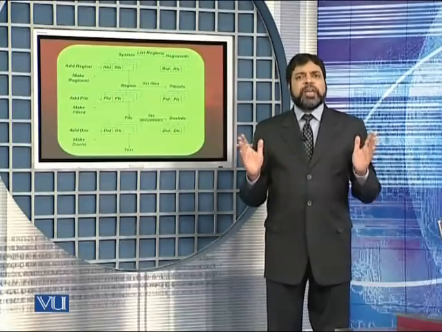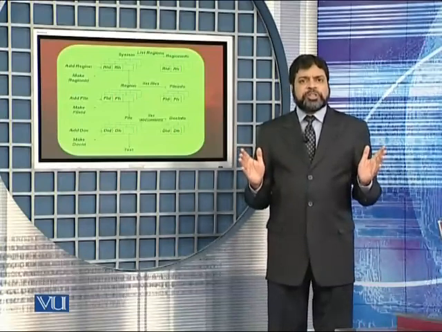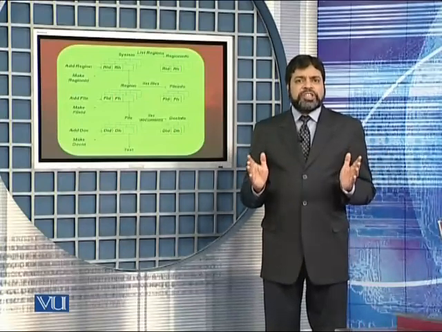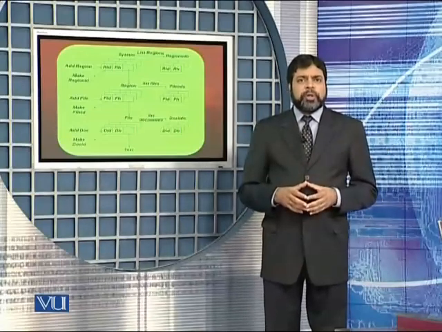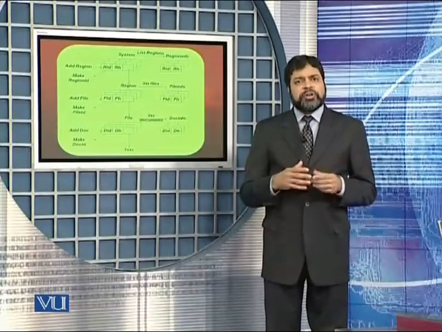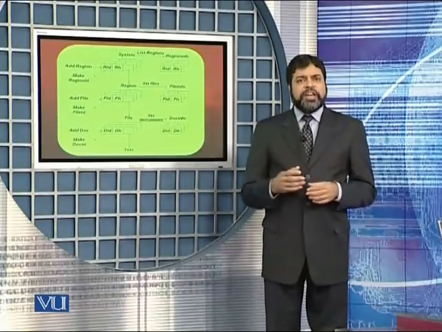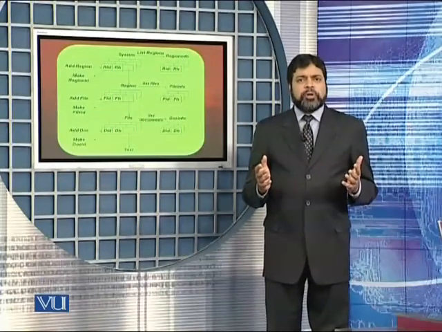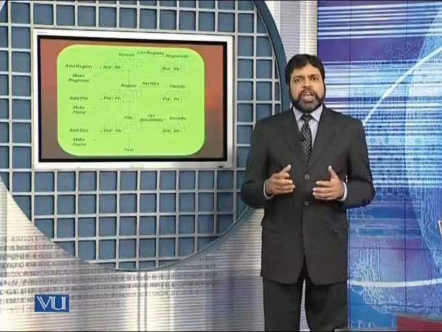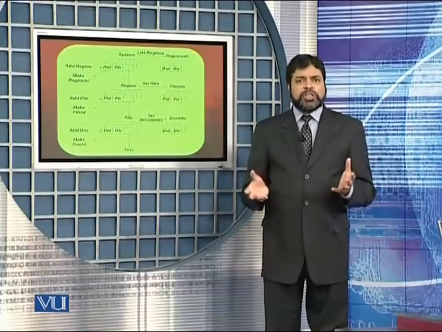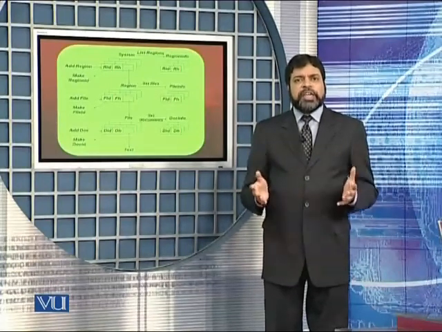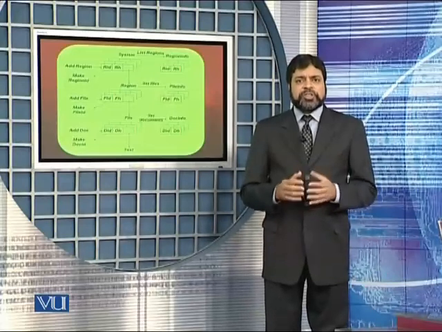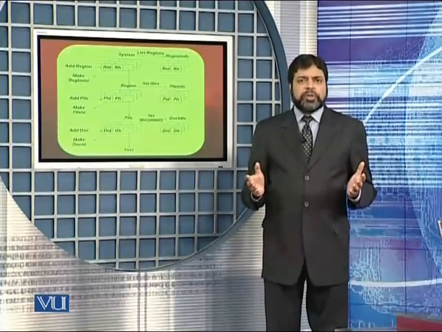As far as I am concerned, or the system is concerned, these three could be totally different structures. Same is the case for region ID, file ID, doc ID. Although in this particular case, probably they would be more similar than they would be different. But still, I am not imposing any specific structure onto these things.